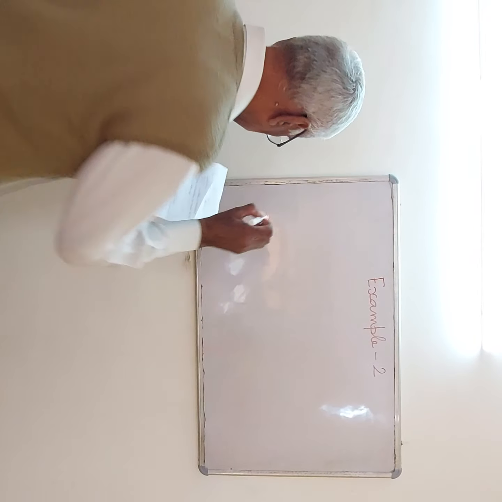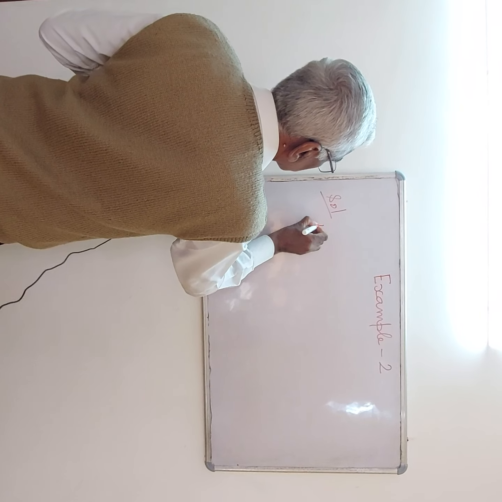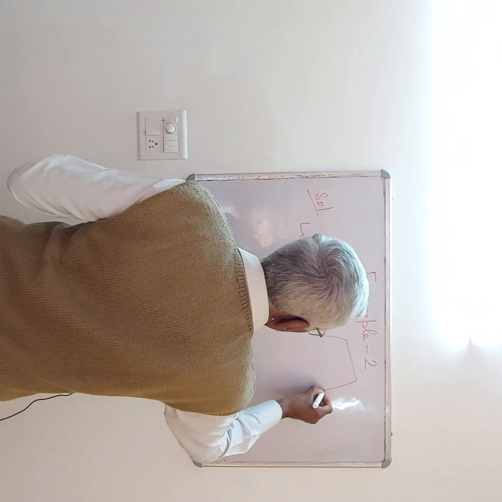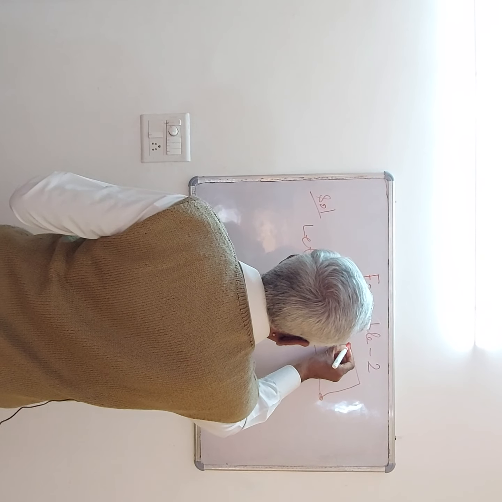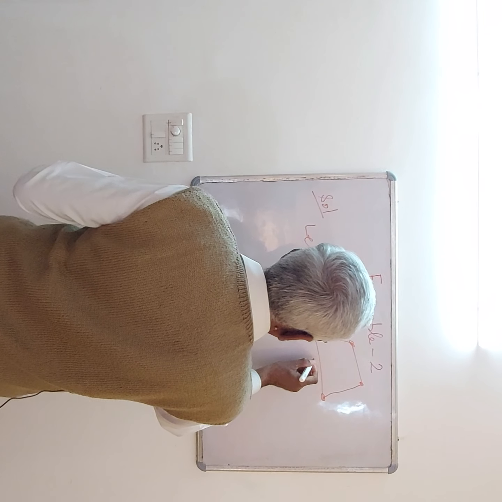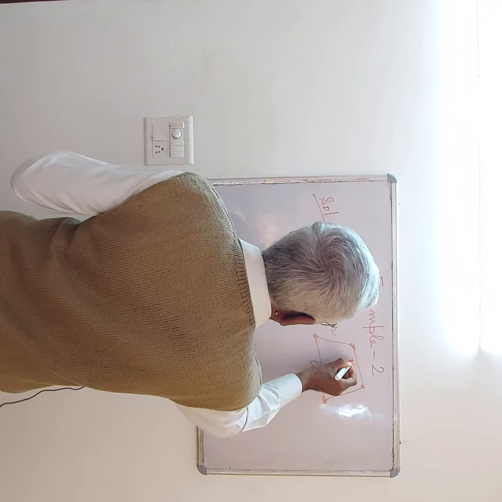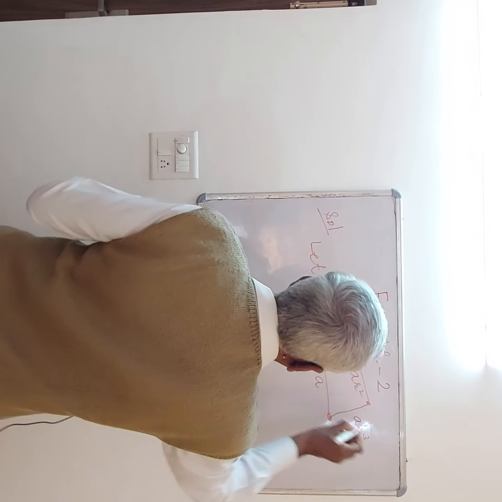Let us assume the solution is like this. It is a 4-bar mechanism. One arm is A, another arm will be AR, the third will be AR square, and the fourth will be AR cube.